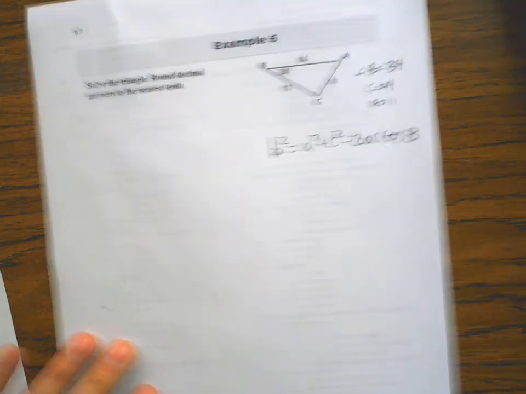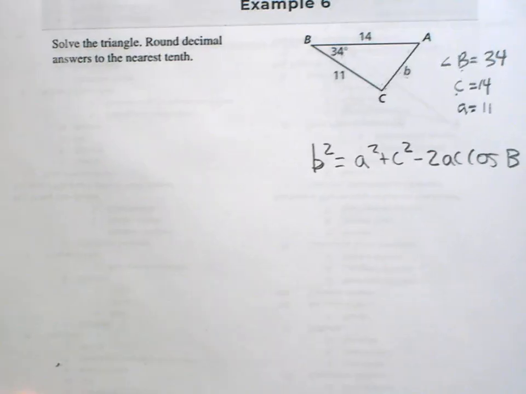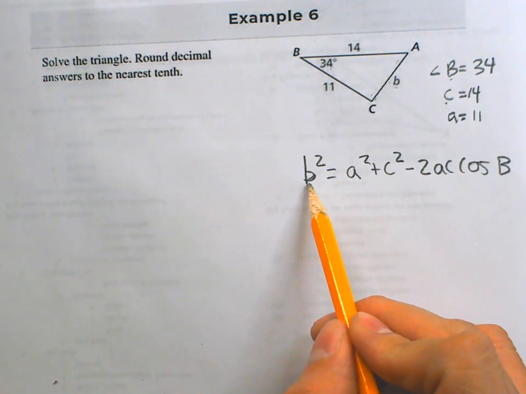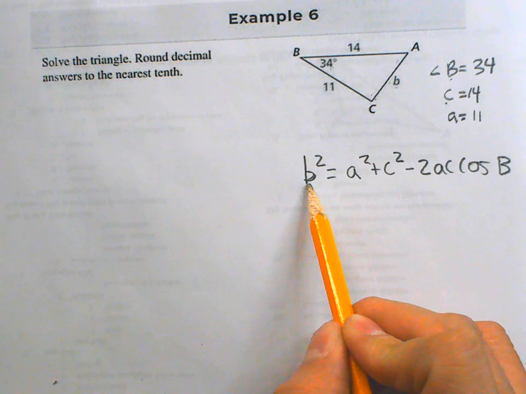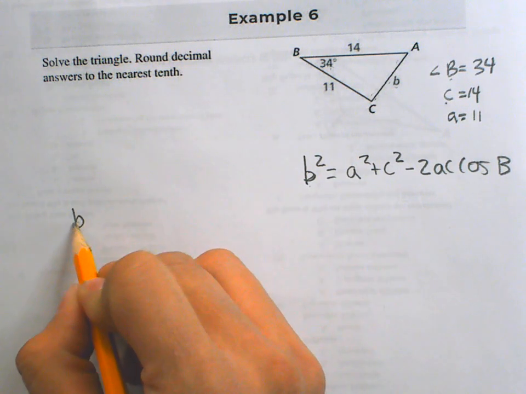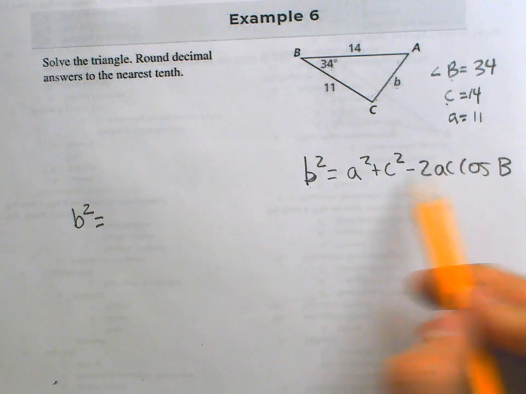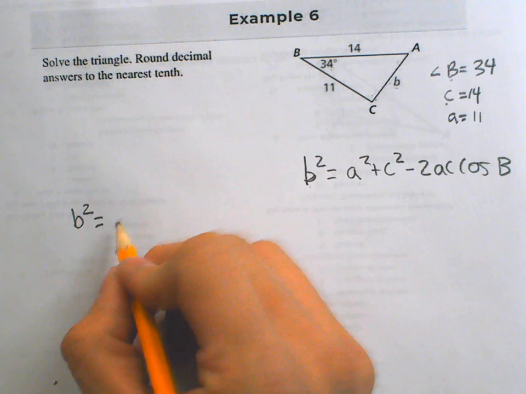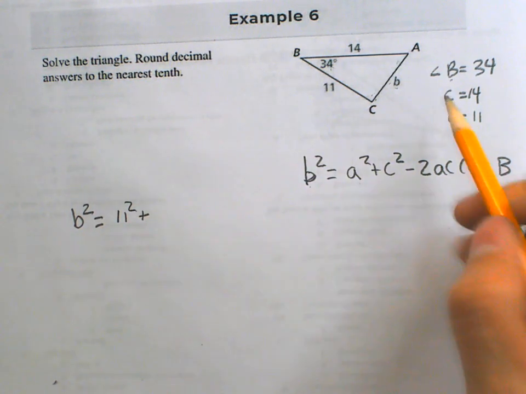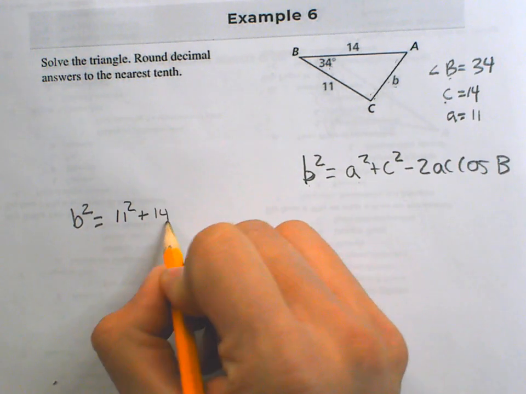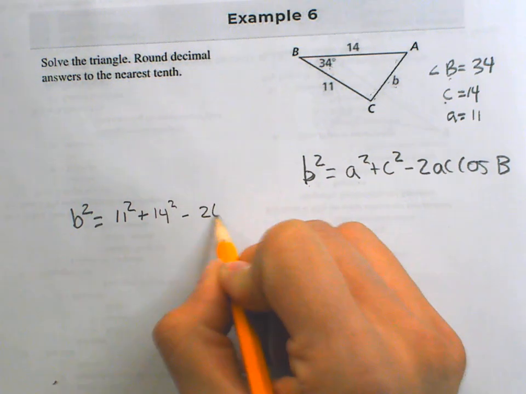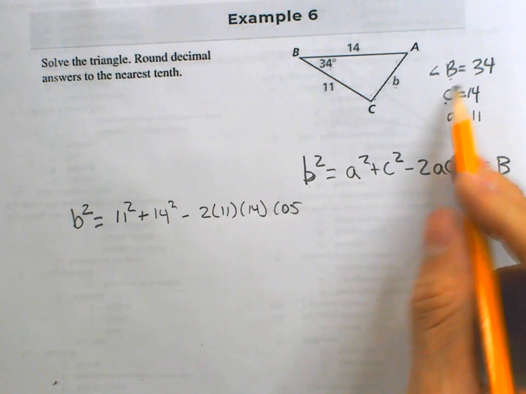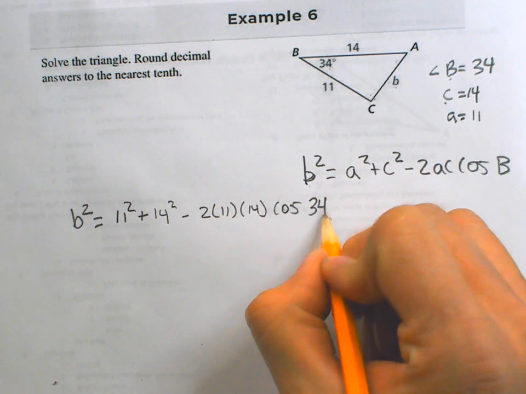Let me zoom in on that so you can see what's going on here. We are looking for little b. So b squared equals a, which in this case is 11, squared, plus c, which in this case is 14, squared, minus 2 times 11 times 14 times the cosine of angle B, which happens to be 34.